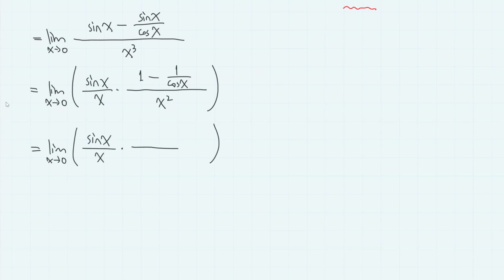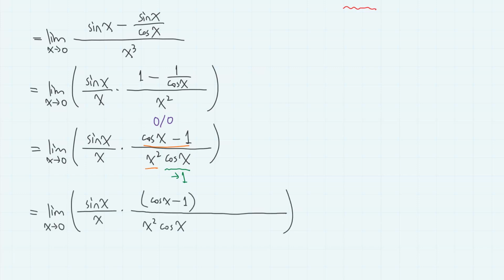Here we can write the second part as cosine x minus 1 divided by x squared cosine x. Here this cosine x in the denominator is not a problem because it approaches 1. But we have 0 over 0 form here because of the remaining cosine x minus 1 over x squared part. In order to deal with that, we multiply cosine x plus 1 on both numerator and denominator.